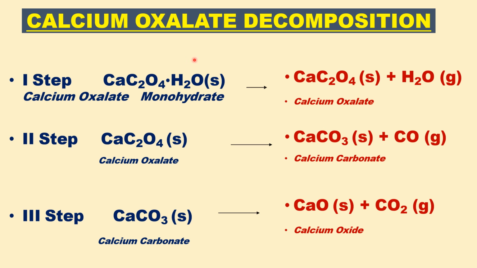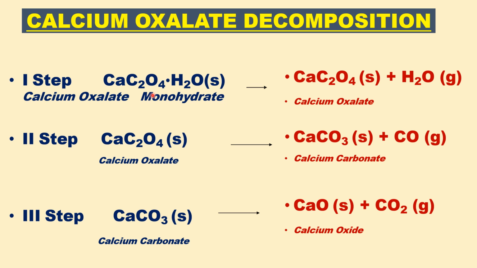Let us study the TGA of calcium oxalate, the thermal decomposition of calcium oxalate. It occurs in 3 steps. Calcium oxalate actually occurs as a monohydrate.